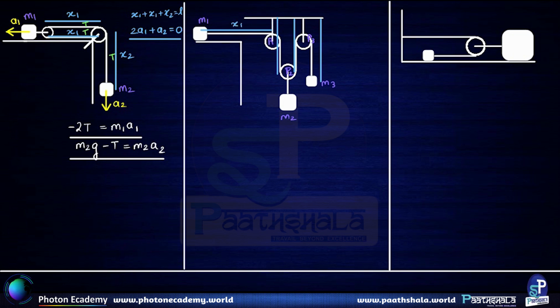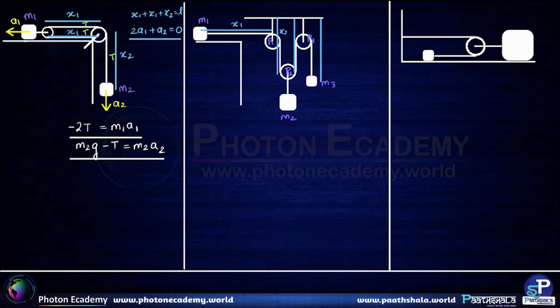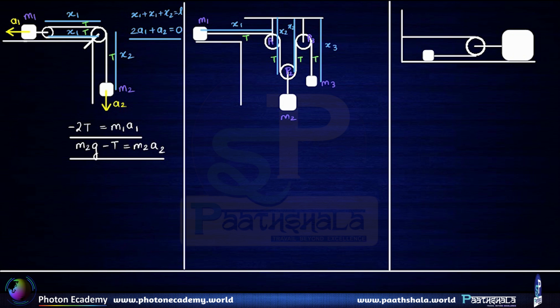So this happens to be x1, x2, x2, and x3. The tension in the string is T, T, T and T because it is one and the same string.